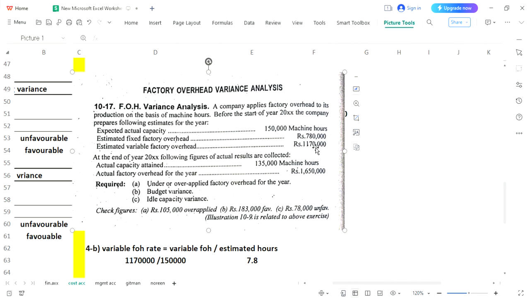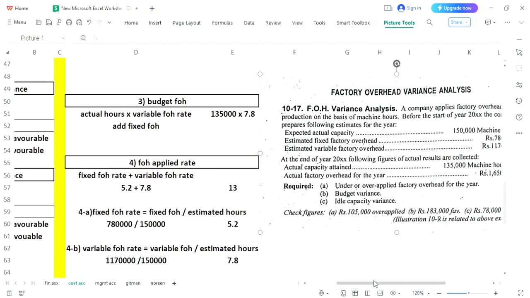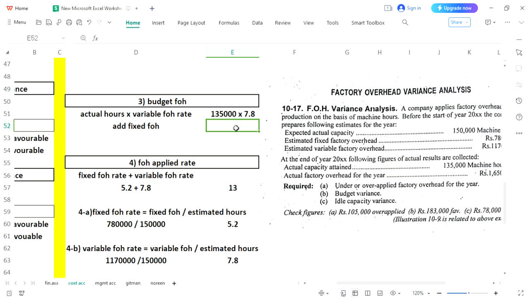So the amount we have got is 7,80,000. This is our fixed FOH. So how much is the fixed FOH? 7,80,000. Put the amount over here. 7,80,000. Since it is to be added, we will put a plus sign after that.